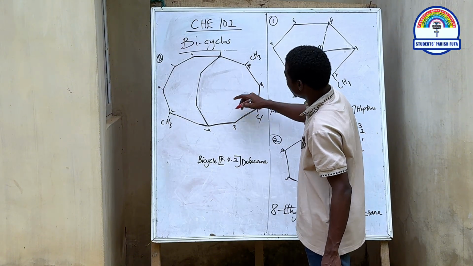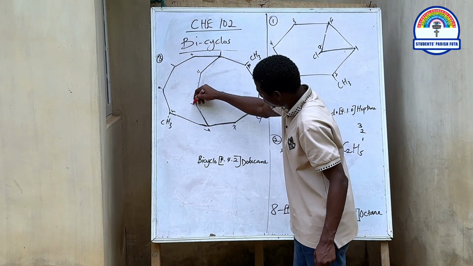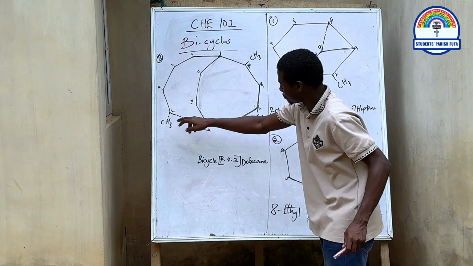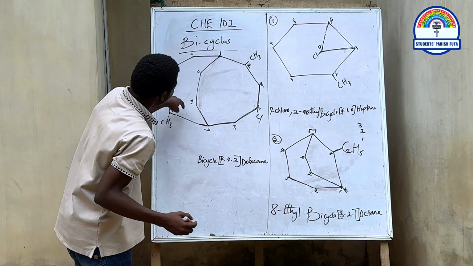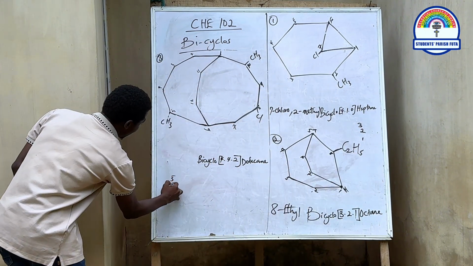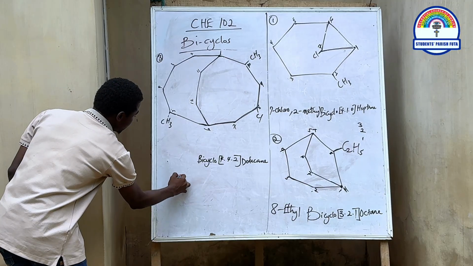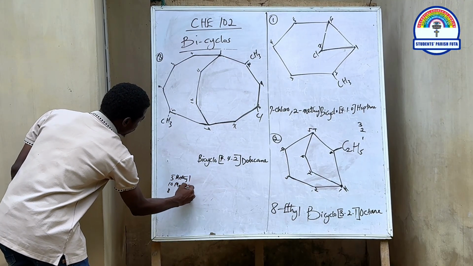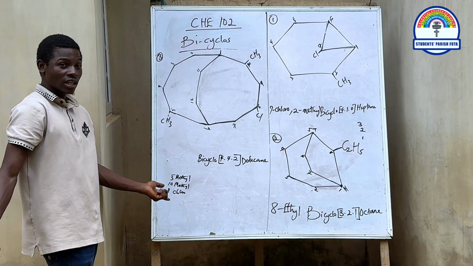Then move to this one, 11, 12. Are we good to go? If you name it this way, you would have positions 5, 10, 8: 5 for methyl, 10 for methyl, 8 for chloro. That is what you would have.